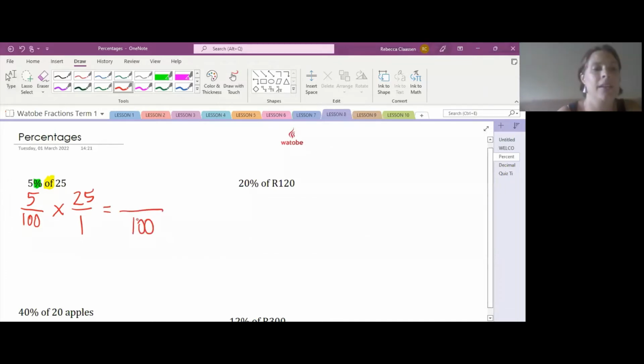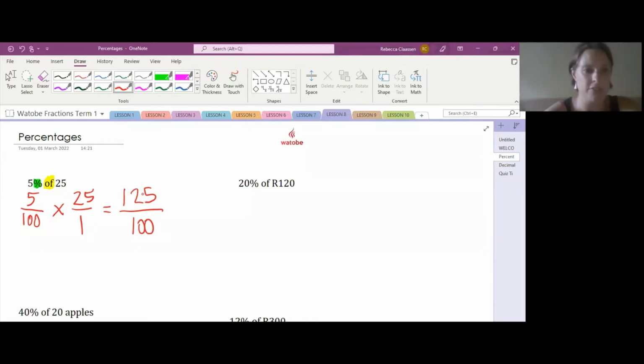And then we say 25 times 5. 5 times 5 is 25, put the 5 there, carry the 2. 5 times 2 is 10, 10 plus 2 is 12. 125. Good. 125. And then you must simplify.